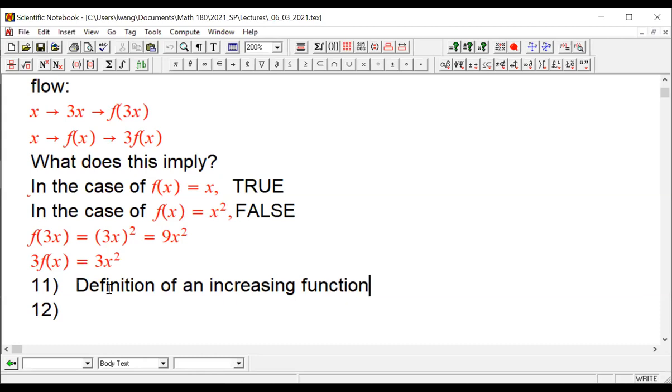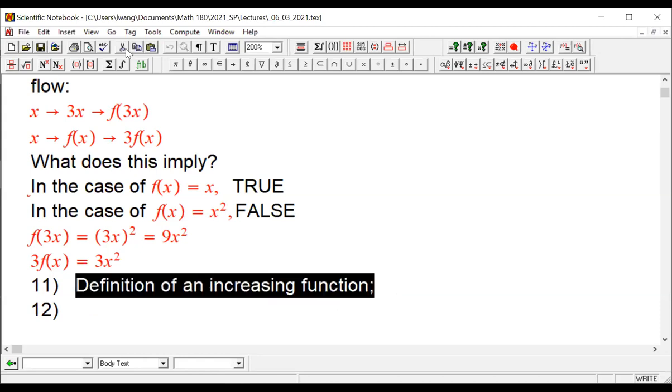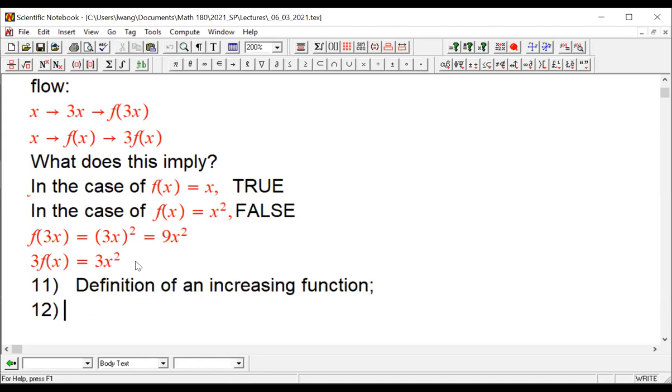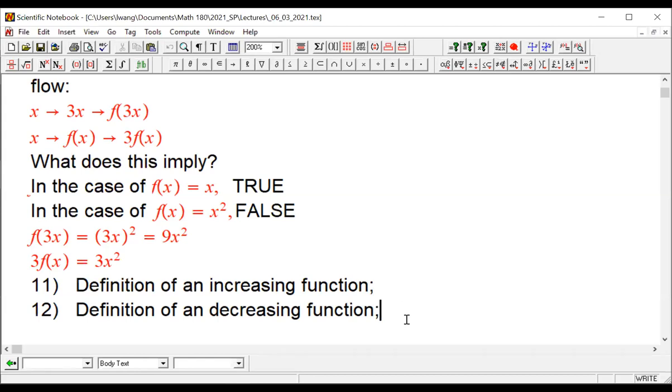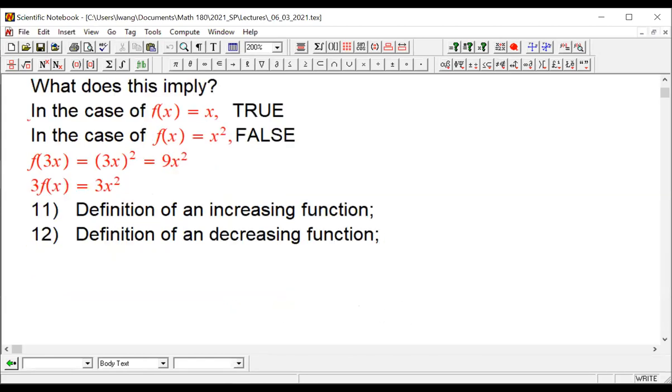You're going to review that in calculus class, and you're going to be using them in chapter 4. But anyway, without further ado, do you guys have any questions you want to stop me?